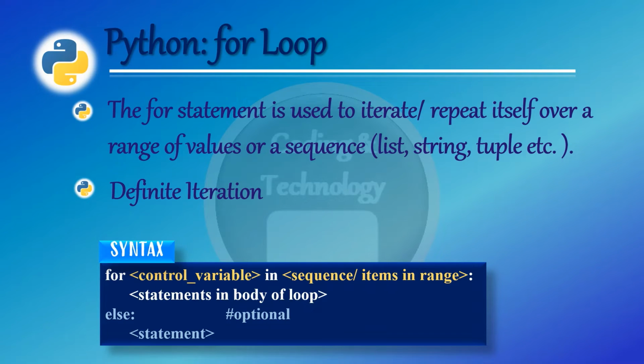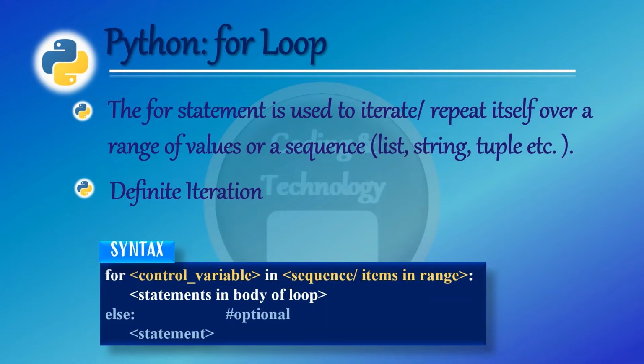Here the control variable takes a new value from the range each time the loop is executed. This sequence may be a list, string or tuple, and the else statement will be executed after all the iterations of the for loop. Here the else statement is optional.